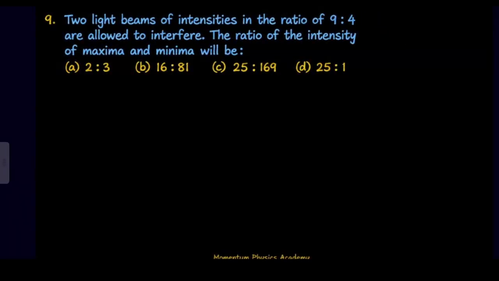Next one. Two light beams of intensities in ratio 9:4 are allowed to interfere. The ratio of the intensity of maximum and intensity of minimum. Maximum to minimum ratio they ask me to find.